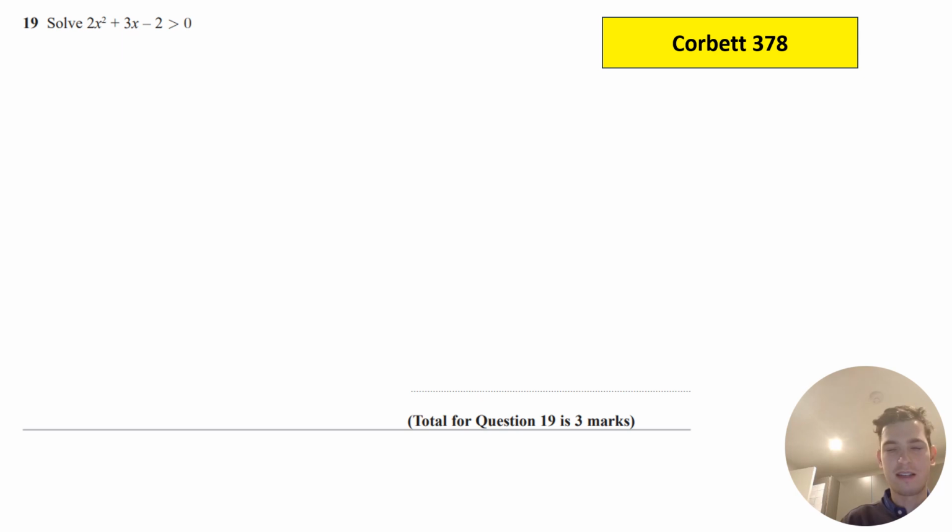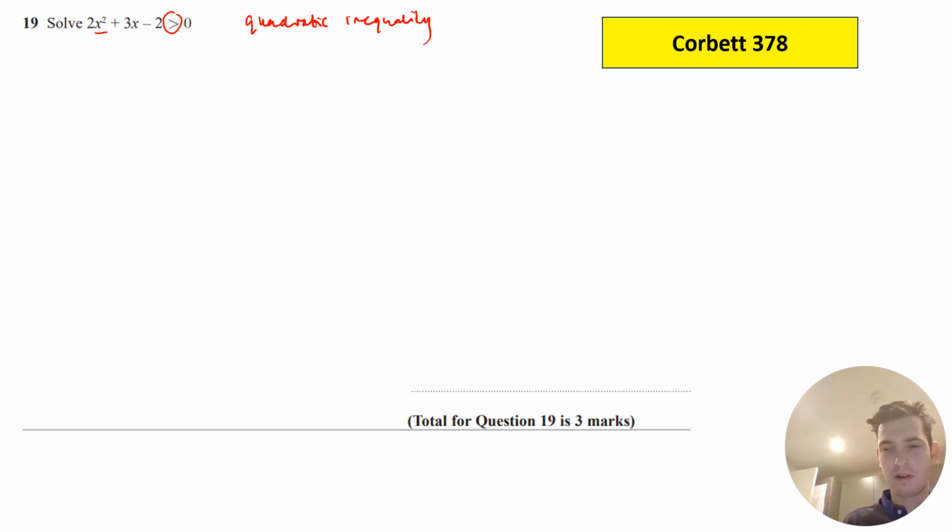Okay, 2 more to do. It's a solve, and this is a quadratic because I've got x squared here, and it's a quadratic inequality. So quadratic inequality. That's my type of question. And I put a Corbett reference 378 for you to practice these. So I know that for quadratic inequalities, I first need to factorize.